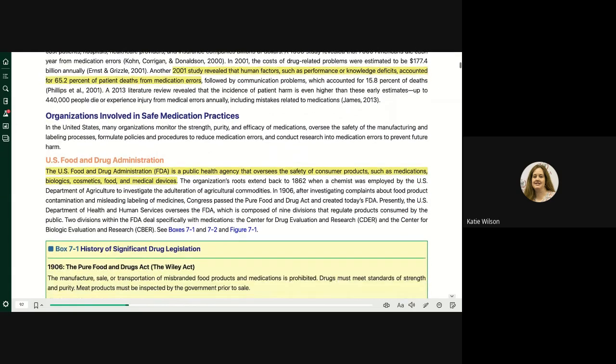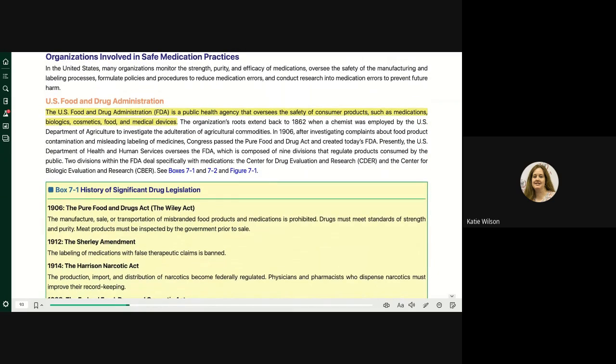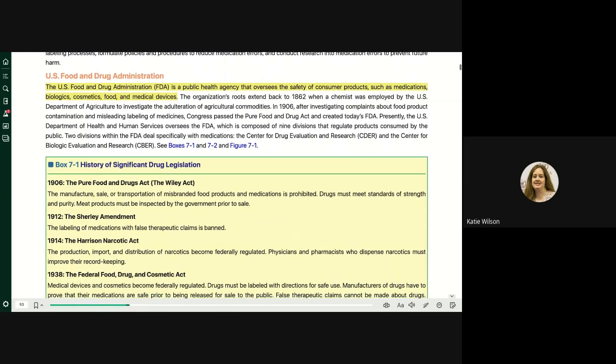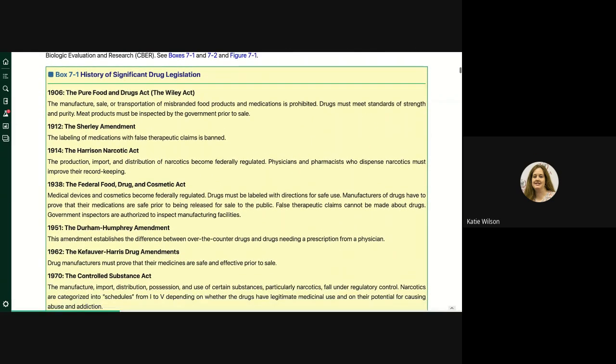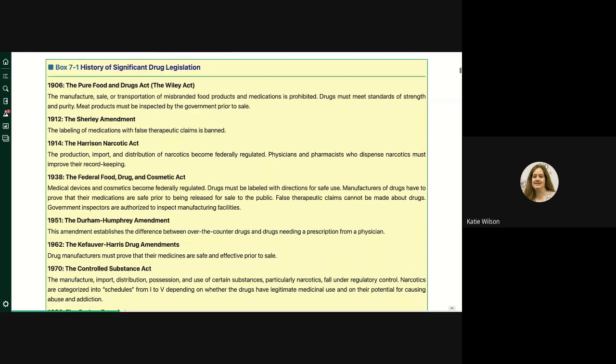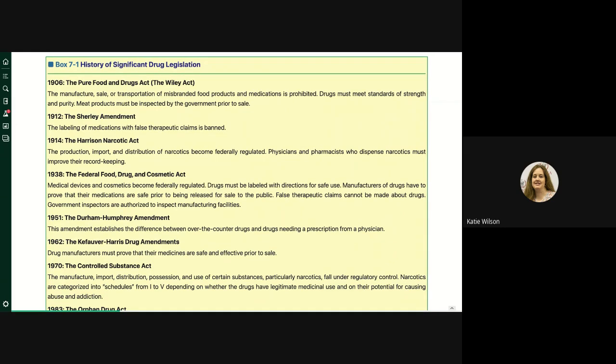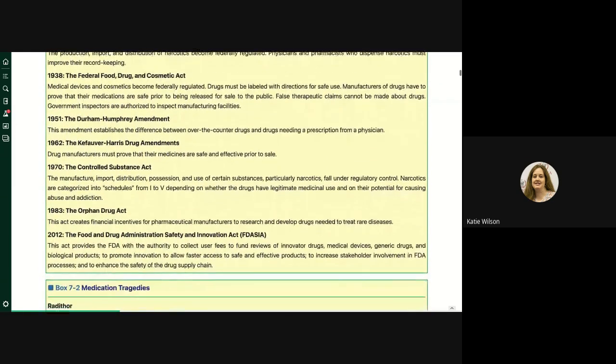So they list several different organizations involved in safe medication practice. The USDA is one of them, the public health agency that oversees the safety of consumer products such as medications. And there's been several legislative efforts throughout history, starting with 1906, that deal with drugs and medications. So you can read through those.